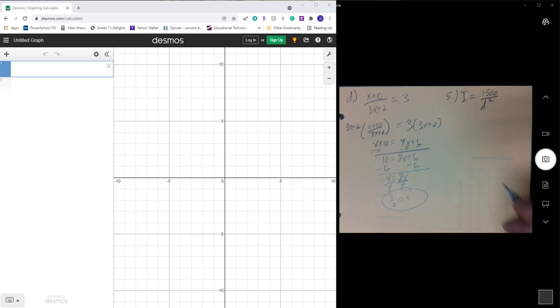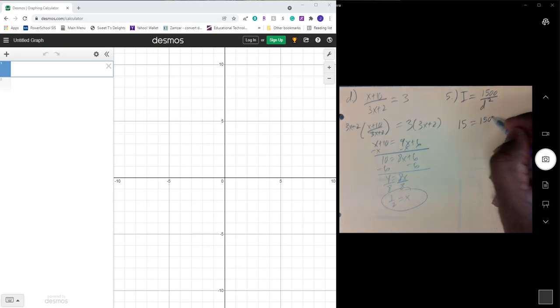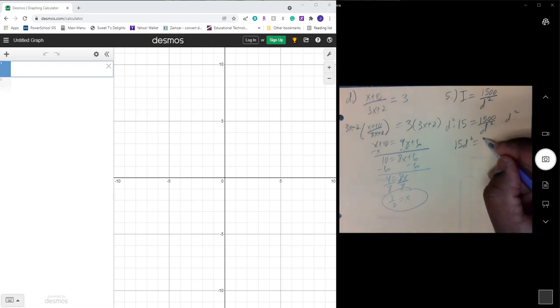Okay, so we would substitute in 15 for I, and now we would have to find the distance. So the first thing we would need to do is multiply each side by d squared, and we would have 15d squared is equal to 1500.